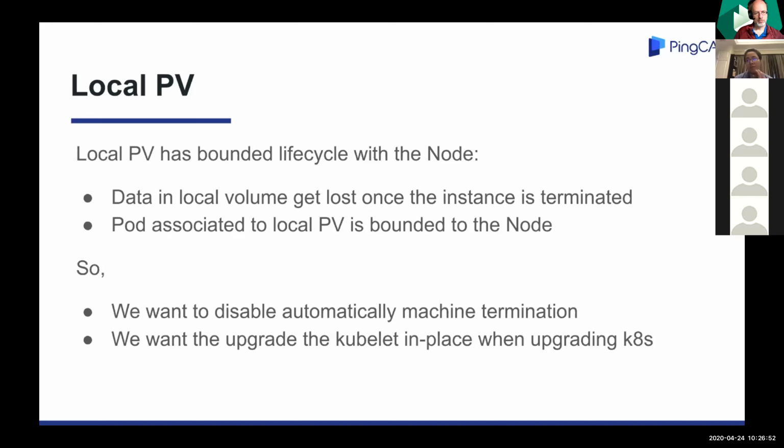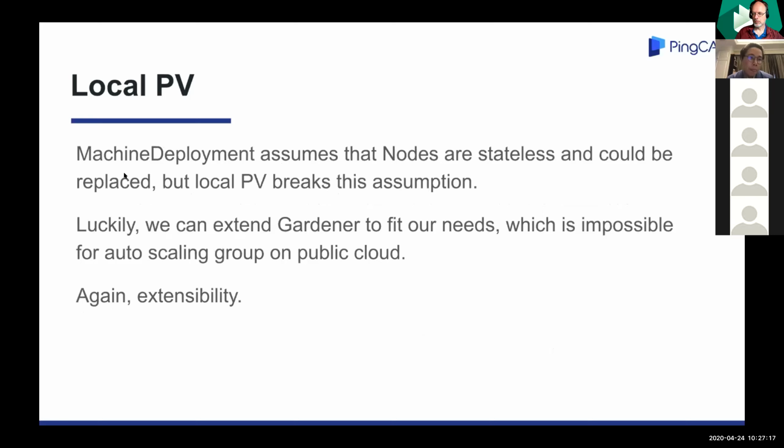We know that the best practice to upgrade Kubernetes is to replace your node with a newer kubelet version. But for the scenario where local persistent volume is used, upgrading in place may be a better strategy. So we see that machine deployment assumes that nodes are stateless and could be replaced, but using local PV breaks this assumption.